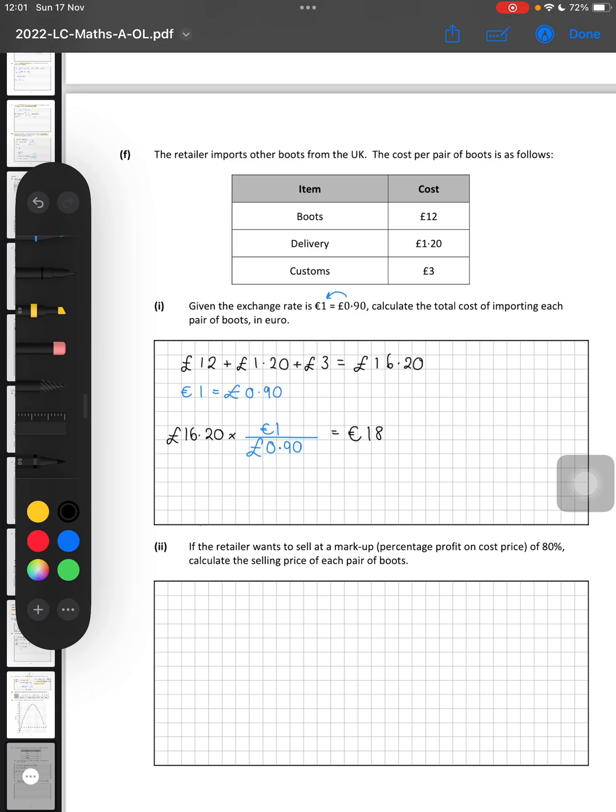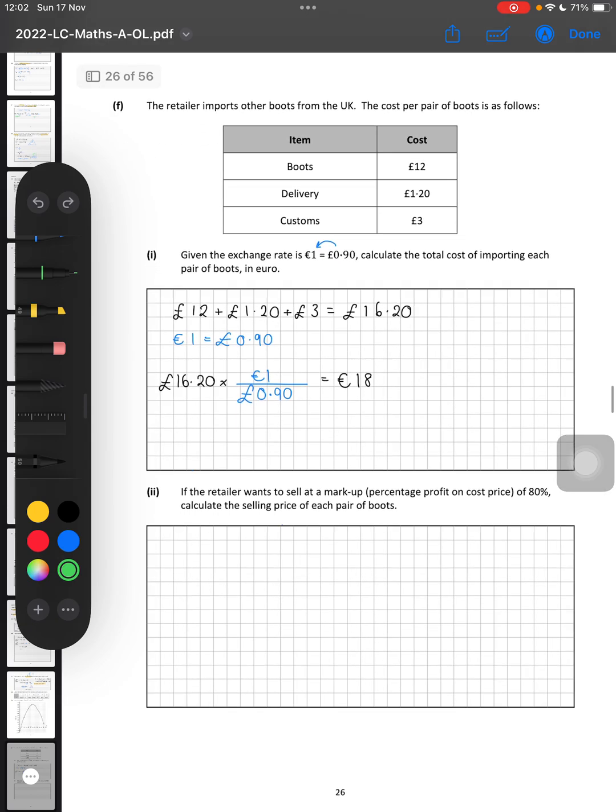It's always worth noting whenever you do a currency conversion or a unit conversion of any sort: in my conversion rate here, the euro number looked bigger than the pound number. So when I have a number in pounds and I need it in euro, my euro number should look bigger. I know they represent the same value, but the euro number should look bigger than the pound number.